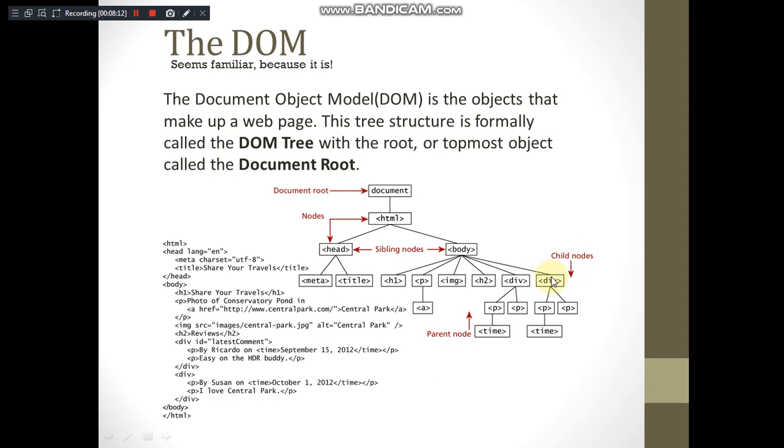Similarly, we have another division tag which also has two paragraphs. Then within these paragraphs we have a time tag, right? So time is included. Then here also we have a time tag that is included. Then there is the closing of HTML, right? So this is how we construct a DOM tree structure for one particular HTML element.